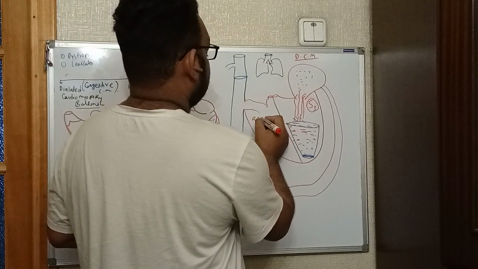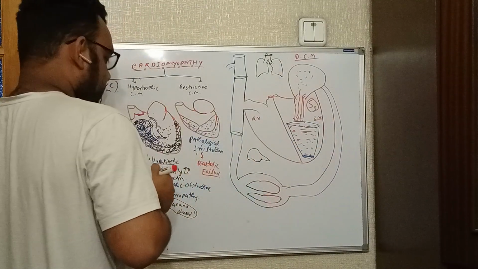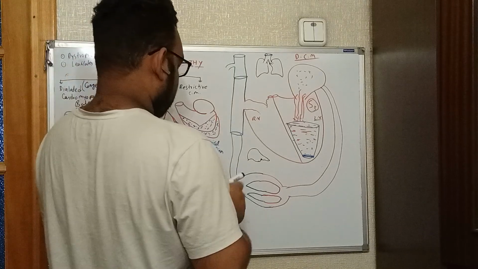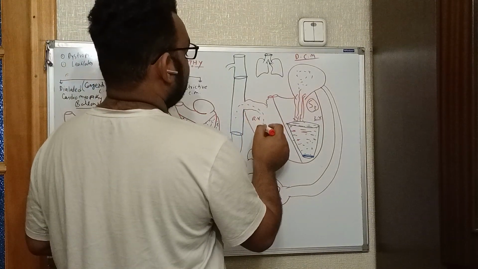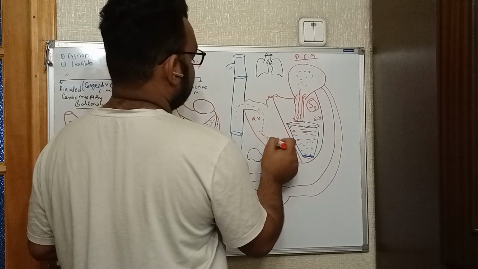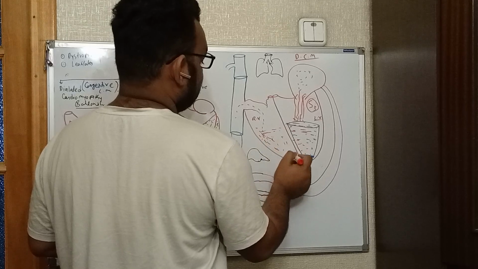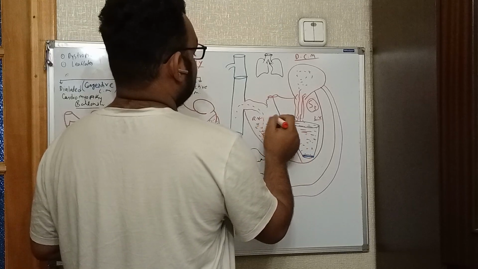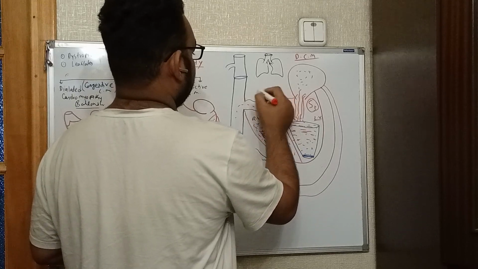It is the right ventricle, for example, and it is the left ventricle. It's a very basic thing that from all over the body parts the deoxygenated blood will come here, and from here this blood will be pushed by the pulmonary artery. This is the pulmonary artery.